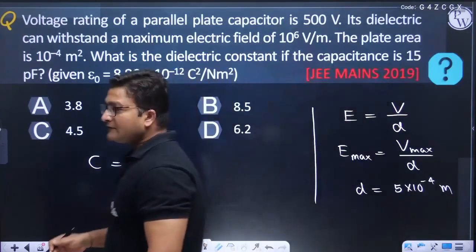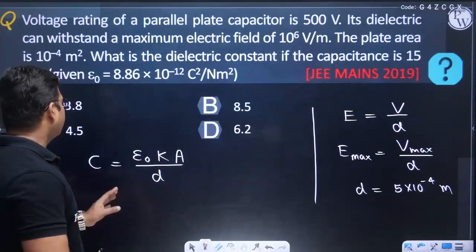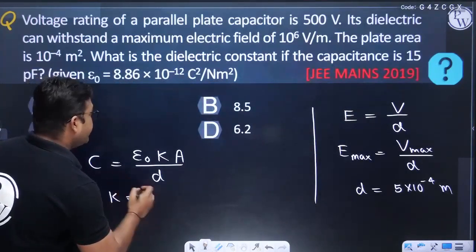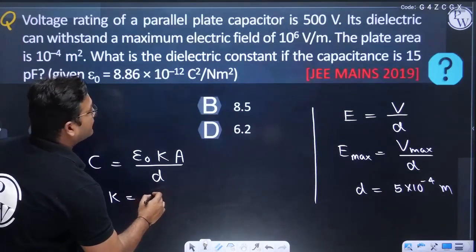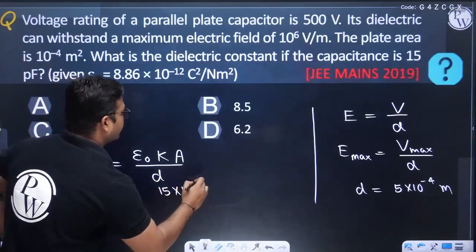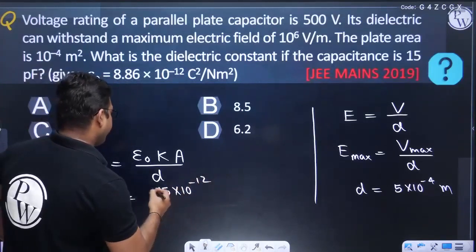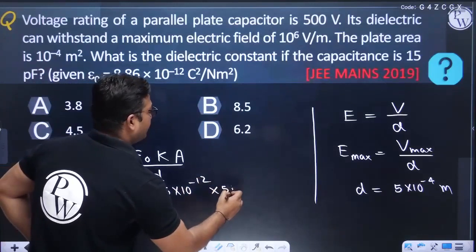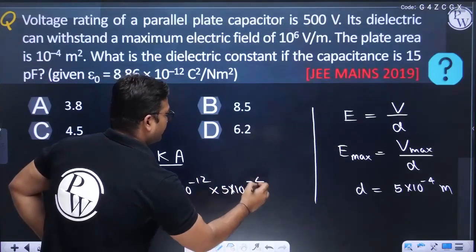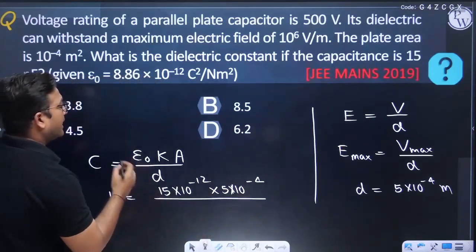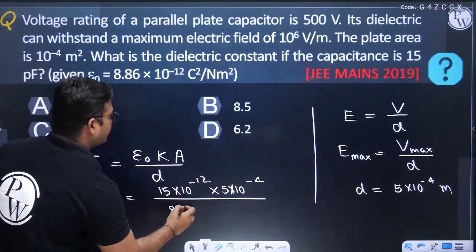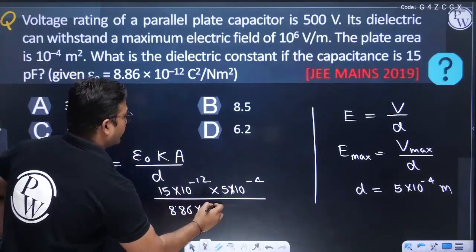Okay. So let's put all the values here and we will have K as C, which is 15 picofarad, 15 times 10 to the power minus 12, times D as 5 times 10 to the power minus 4, divided by epsilon naught times area. Epsilon naught is 8.86 times 10 to the power minus 12.